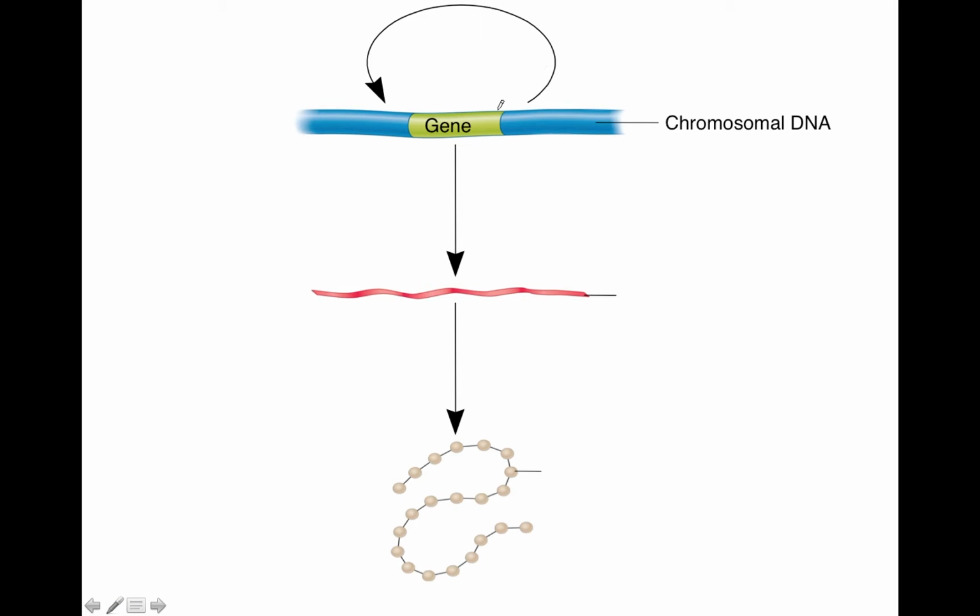The process of making more DNA from DNA that you already have is called replication. The process of going from DNA to RNA is the topic of this lecture, and this is called transcription.